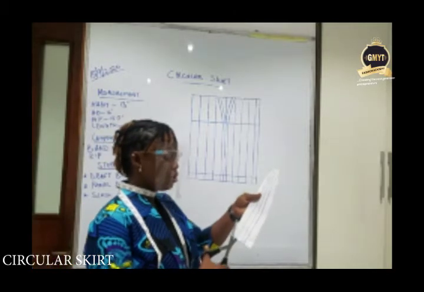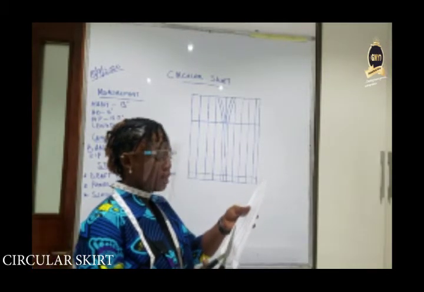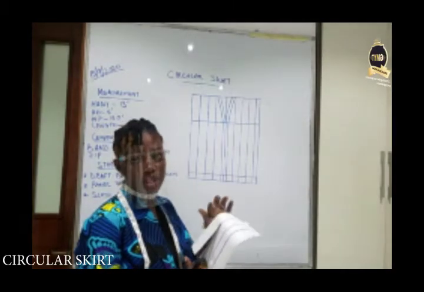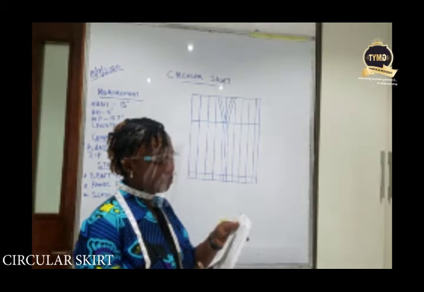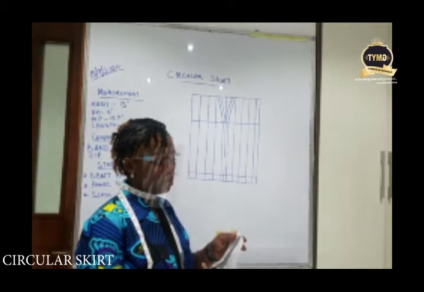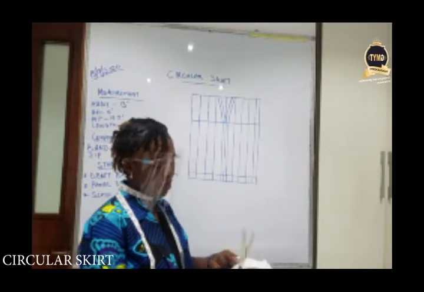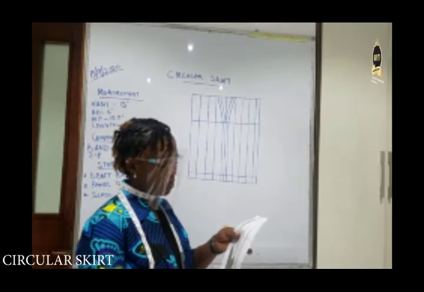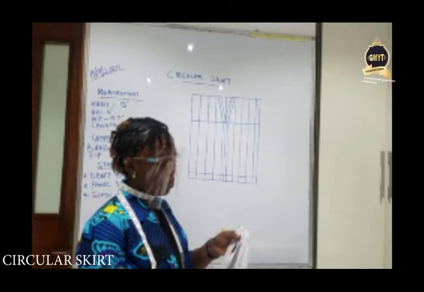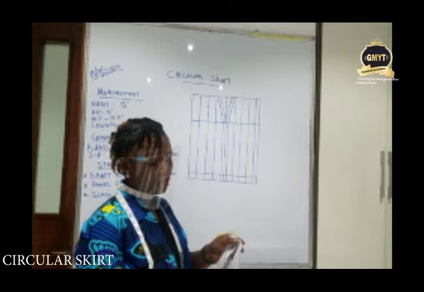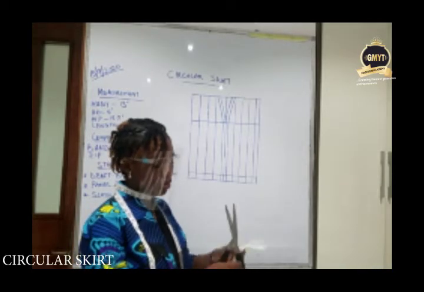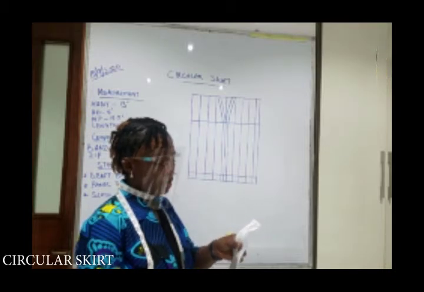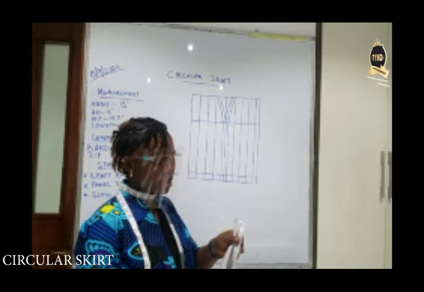So I'm slashing through this. You see, this is my front pattern, and this is my center front. I'm cutting to the tip, and you have to be careful so it doesn't slash through.